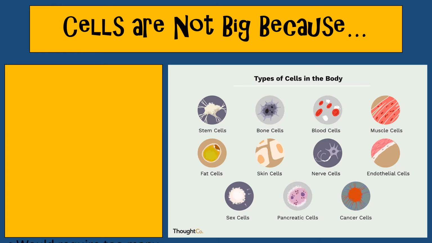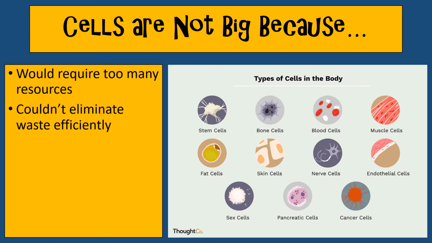So you might be asking yourself, why are cells small? What is the evolutionary advantage of being small? Well, cells are not big because it would require too many resources for them to efficiently do their job. They would need too much carbon dioxide or too much oxygen to perform their basic functions. If they were super big, as you saw in some of the surface area to volume calculations, they couldn't eliminate waste efficiently.